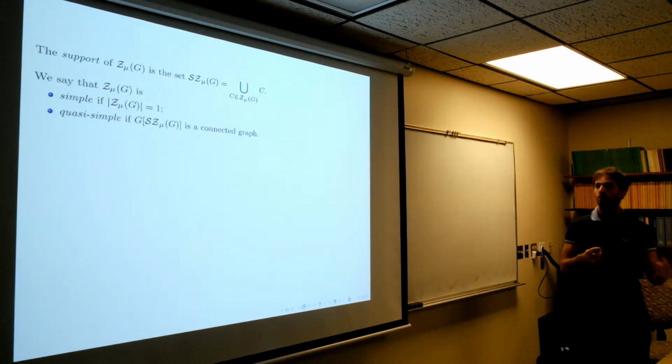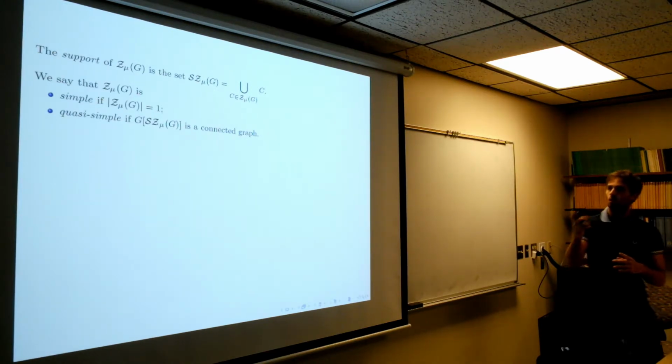Okay, and well, for now, for a given graph and a given mu, we have that the center can be anything. It can be also all the vertices. So we at least would like to define some properties which we would like to be true for a center. So we say that a center is simple if its cardinality is 1. So if there is just one cycle in the center.